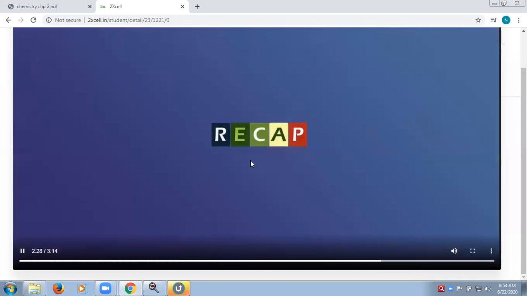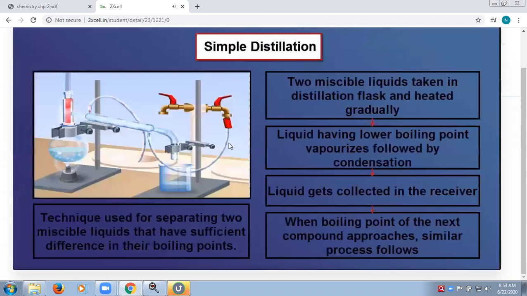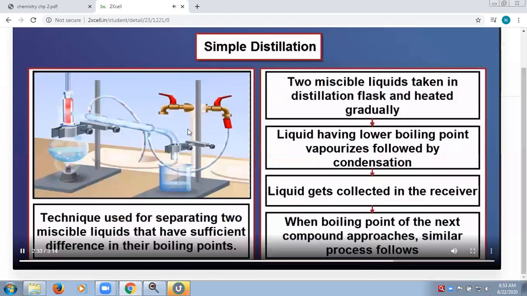Now, let us recapitulate what we have discussed in this module. Okay, just listen very carefully. Simple distillation is a technique used for separating two miscible liquids that have a sufficient difference in their boiling points, equal to or greater than 25 degrees Celsius.